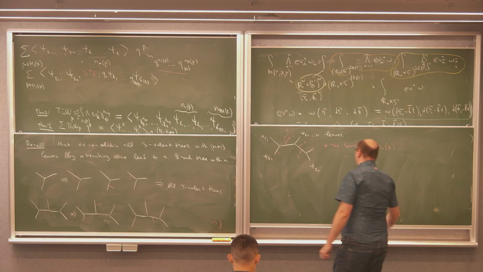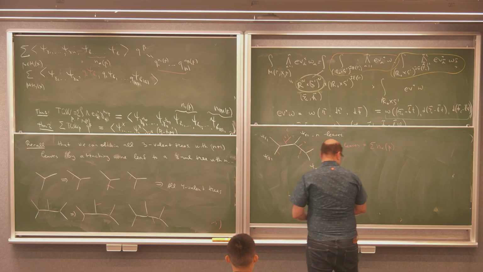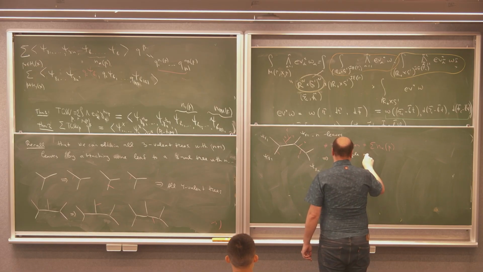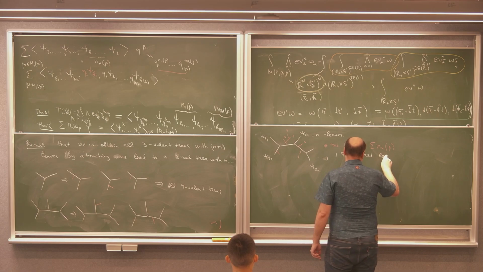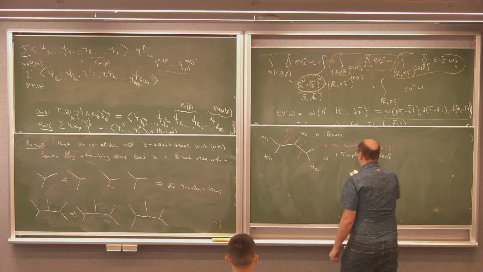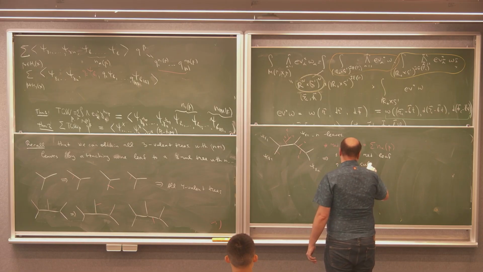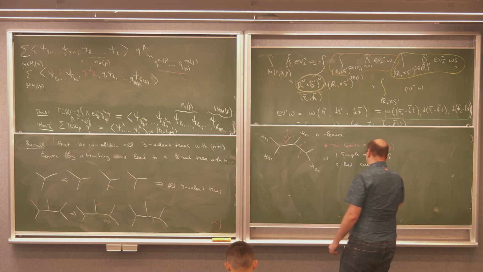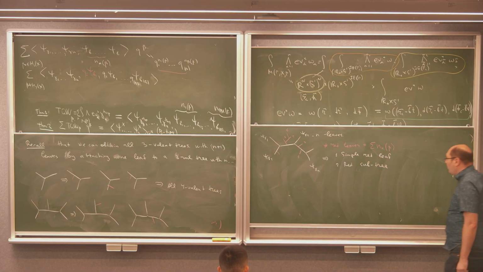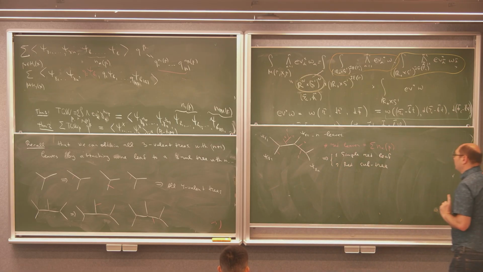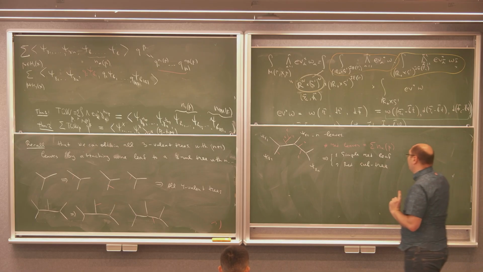So there can be two situations: simple red leaf and red subtree. Okay, so let us memorize this case. We will return to it later.